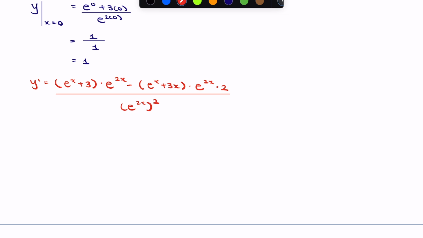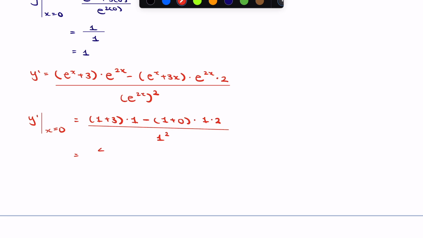So now what we can do is sub in, again, x is equal to 0. So we know that here x is equal to 0, and we can sub that into our equation, which will equal 1 plus 3 times 1 minus 1 plus 0 times 1 times 2 over 1 to the power of 2.